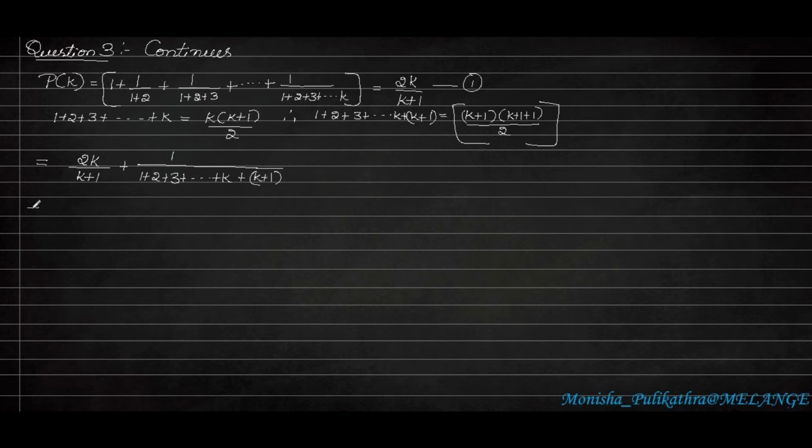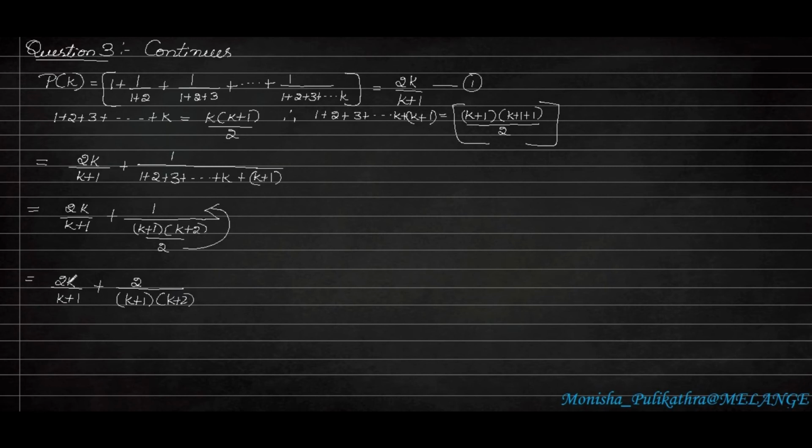So 2k by k plus 1 plus, in the denominator we have to write k plus 1 into k plus 2 whole divided by 2. If I take the reciprocal, 2 will come up here. So 2k by k plus 1 plus 2 over k plus 1 into k plus 2.